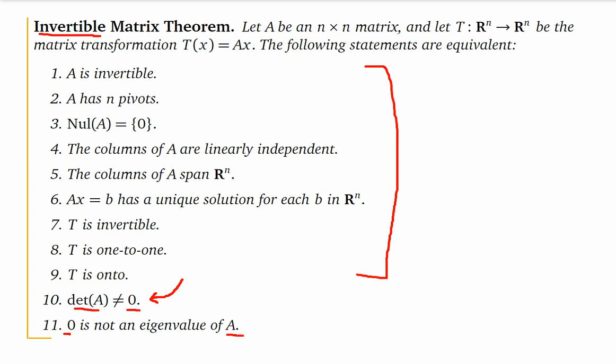In other words, 0 is an eigenvalue of A when A is not invertible. And when A is in fact invertible, then 0 cannot be an eigenvalue for it. The same as the determinant can't be 0 for an invertible matrix, right? If the determinant is 0, I have a non-invertible matrix. So we have these two new things to add because of determinants and eigenvalues.